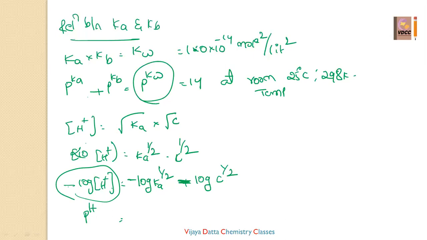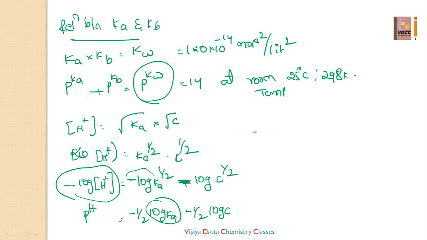And also if you take this one, this is log Ka, I'll bring this half into this one, then it becomes minus half log Ka, and minus half log C. Minus log Ka can we write as pKa?